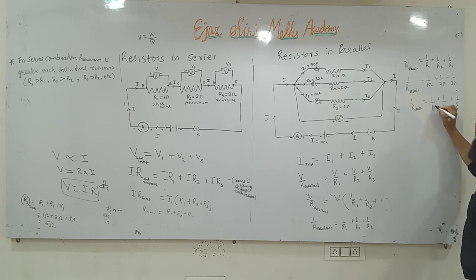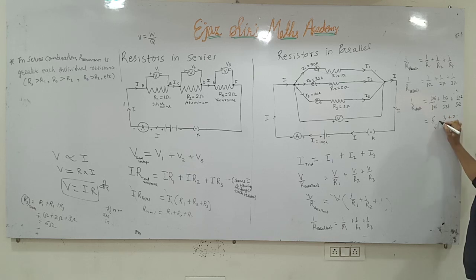This will be 1 into 6, this will be 2 into 3, so this will be 3, here it will be 3 into 2, so this will be 2. And this will be 6 plus 3 plus 2 upon 6 ohm.